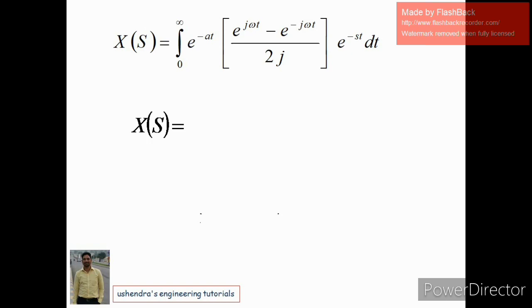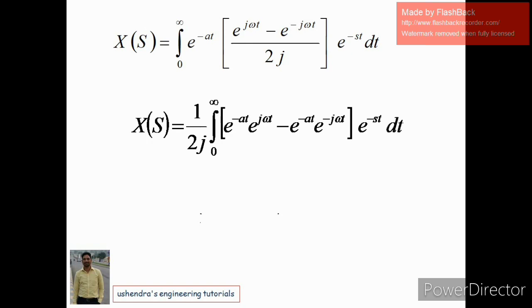Nothing to do with the 2j in the integration, so 1 upon 2j is taken out because we don't need to integrate it, and the first two functions are multiplied: e raised to minus at into e raised to j omega t, minus the second function, where this and this are multiplied: e raised to minus at into e raised to minus j omega t, and the whole function is multiplied with e raised to minus st. And guys, I didn't skip the integration. Here is the integration 0 to infinity with respect to t, and so we have dt.